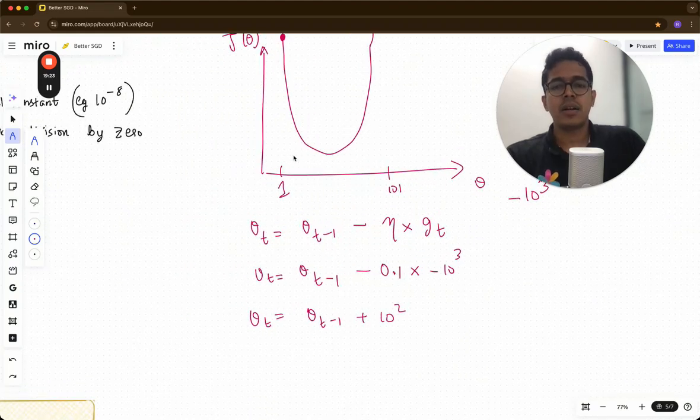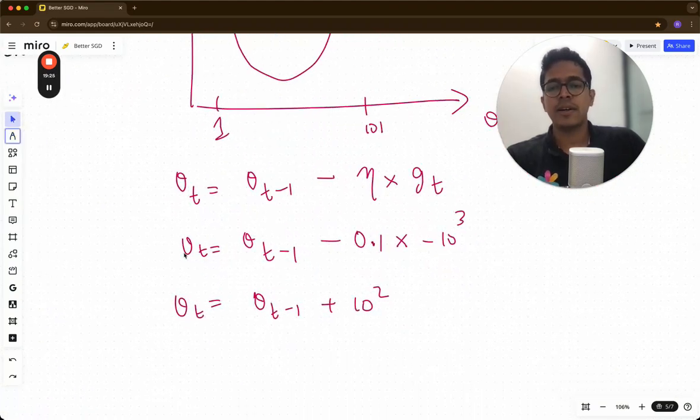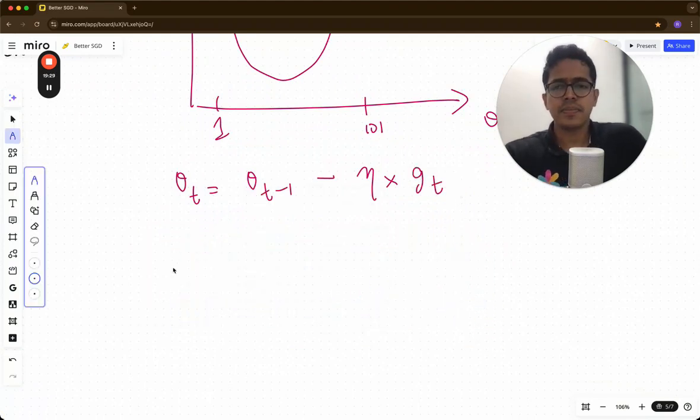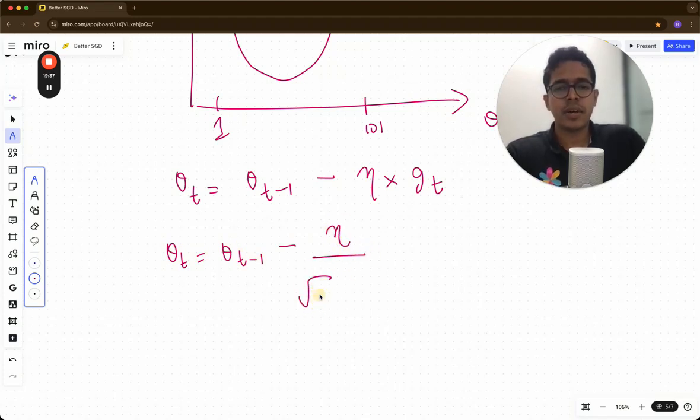But instead, if you follow the root mean square propagation, what you need to do is theta t equal to theta t minus 1 minus eta divided by square root of the root mean square, so E of g t square, E of g square at time step t, plus epsilon, times g t.